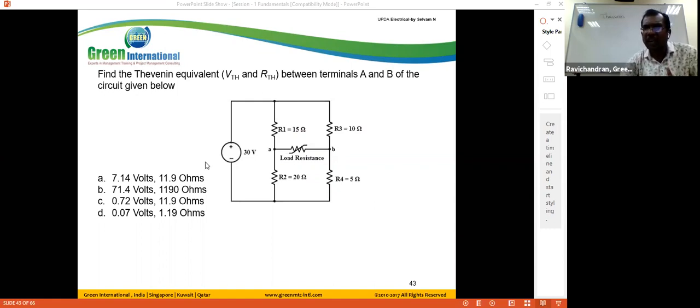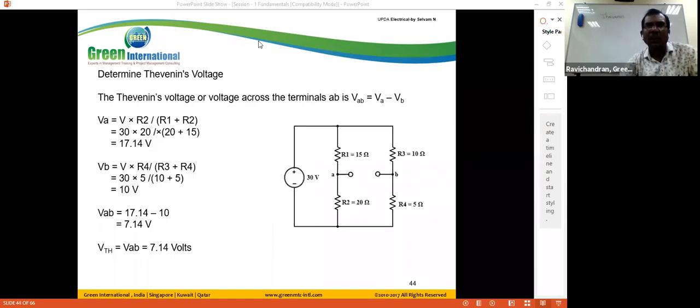So first step, we need to find the Thevenin's voltage. What is the first step? Remove the load resistance. So first I remove the load resistance.